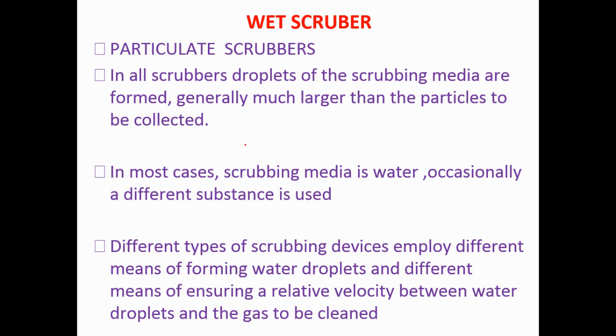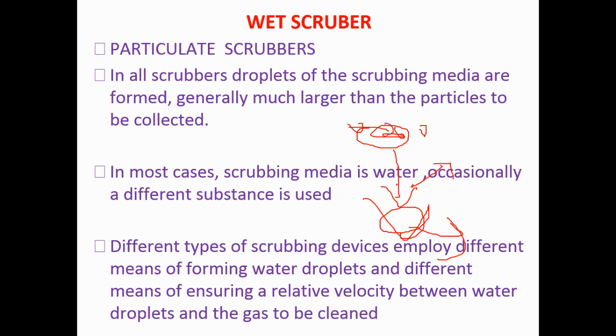Here, what happens? The dust particles that are collected come into contact with the liquid and form large-sized particles, which go down to the hopper and can be collected. So the exit of particulate matter can be minimized.